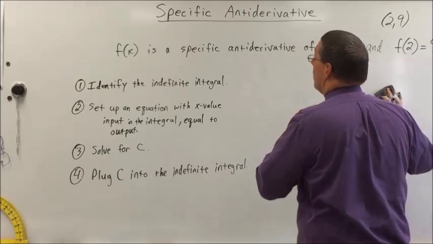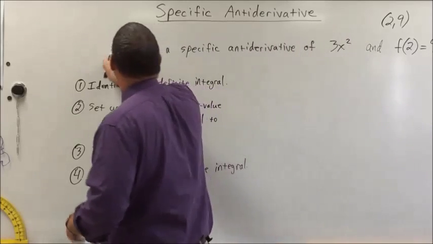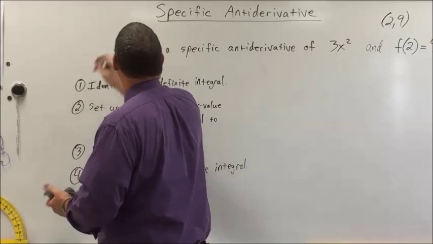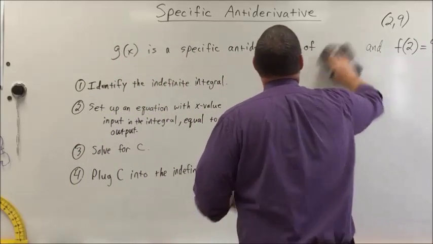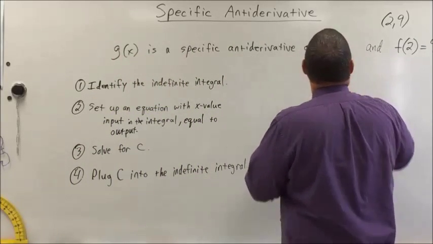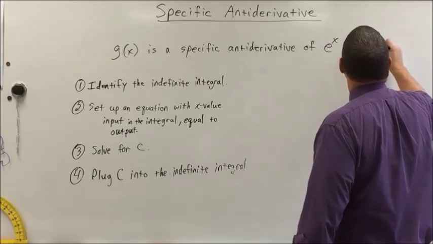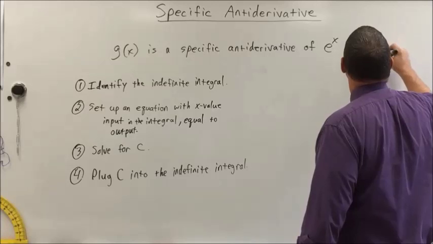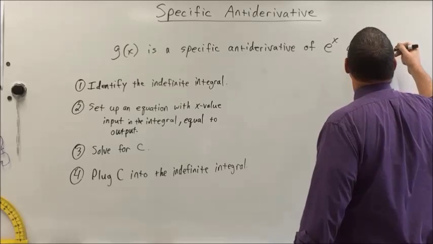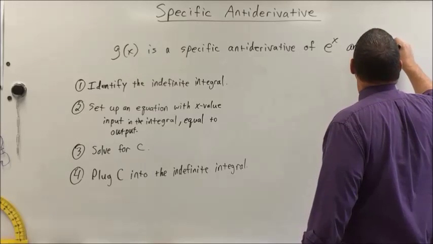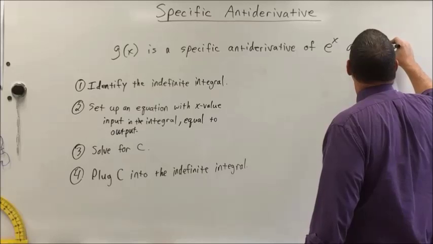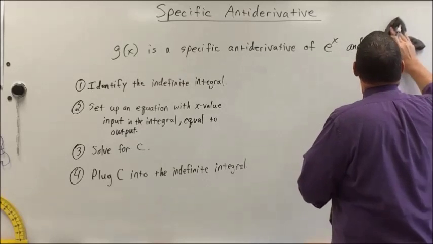All right, so let's say that g of x is a specific antiderivative of e to the x, and let's make it a little more interesting.